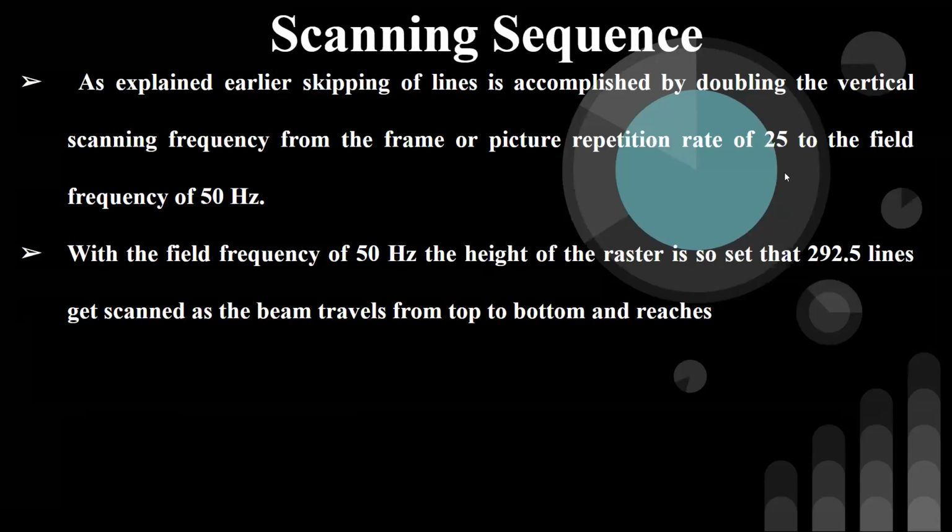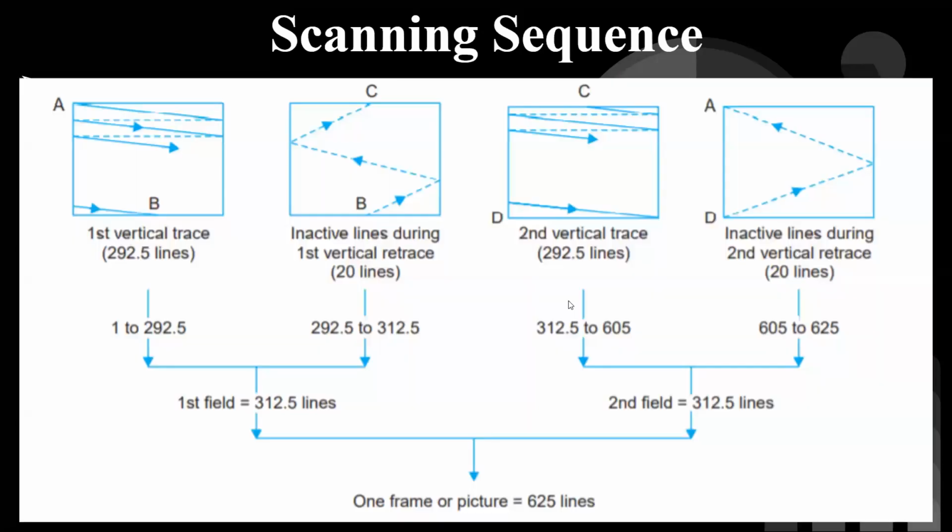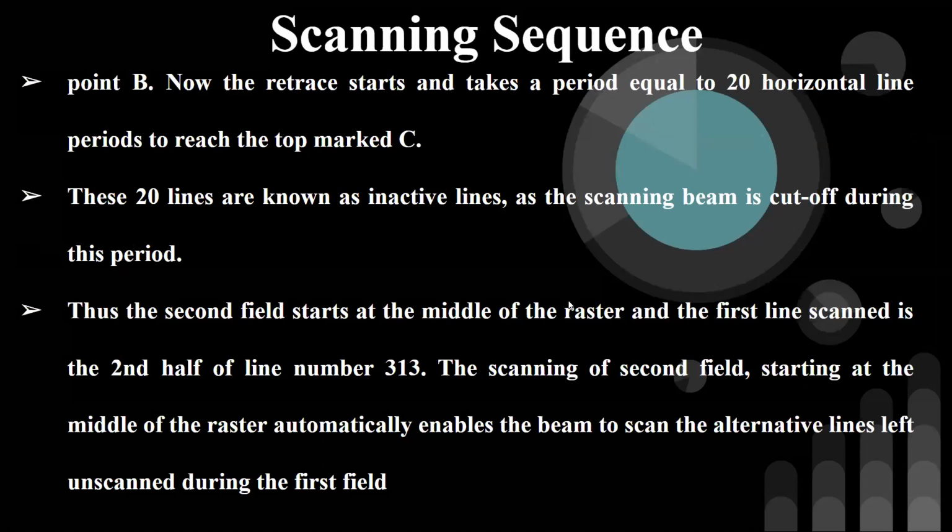So therefore 25 to the field frequency of 50 Hz. So with this field frequency of 50 Hz, the height of the raster is set to scan a total of 292.5 lines whether the beam travels from top to bottom. Clear? So that is the point he explained here.